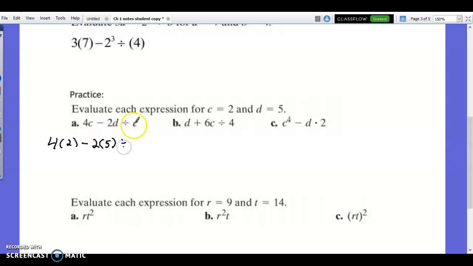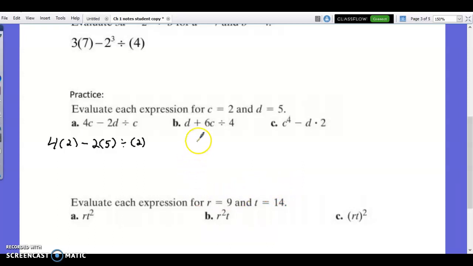Divided by C, which would be 2, so I'm going to put parentheses 2. I know this seems a little redundant, to not have that just be a 2 and add the parentheses, but again, I'd like you to get in that habit for later on as we're doing other types of problems. All right, so go ahead and pause this and try B and C.